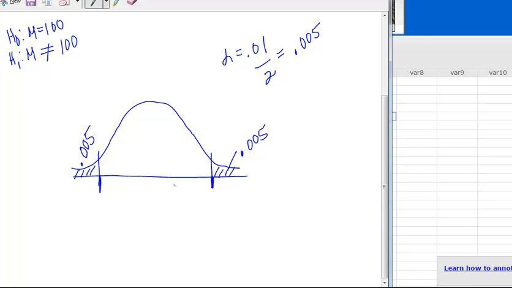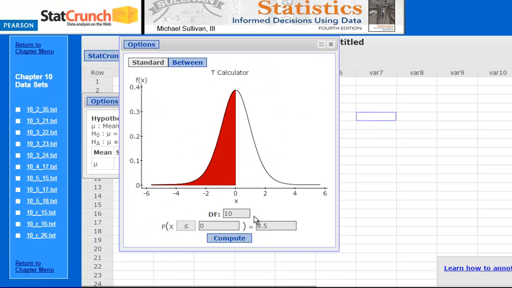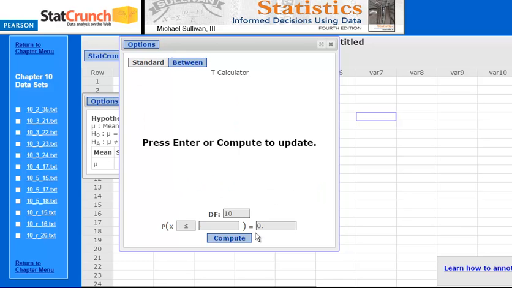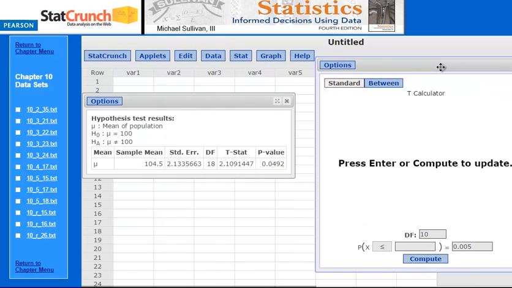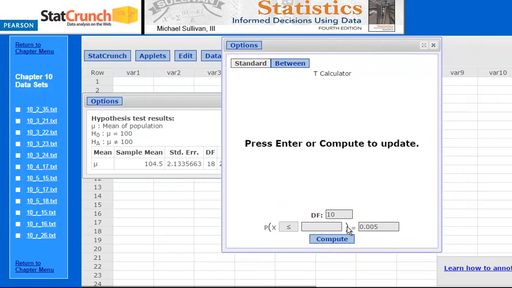We can go in and look that up here. Right now this shows half, or 0.5, 50%, but we just want 0.005, and the degrees of freedom is 18.